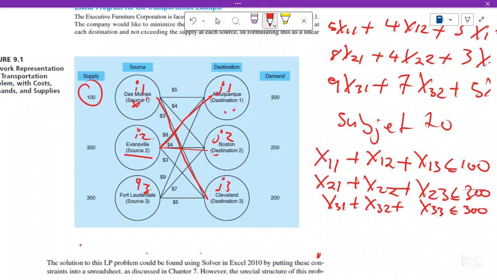Now we are looking at it from a different point of view: the receiver's point of view. Remember you have placed orders, demand. These are your orders. If you said you want 300, you must receive 300. No excuses.